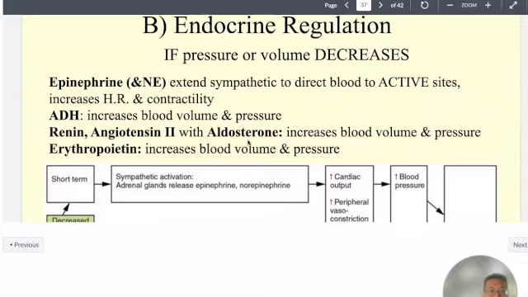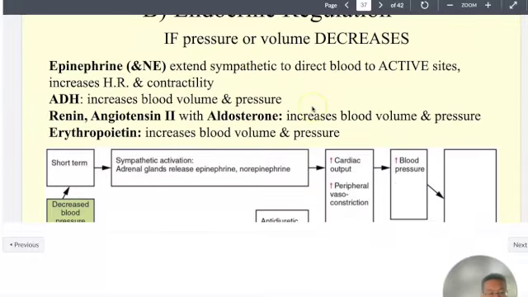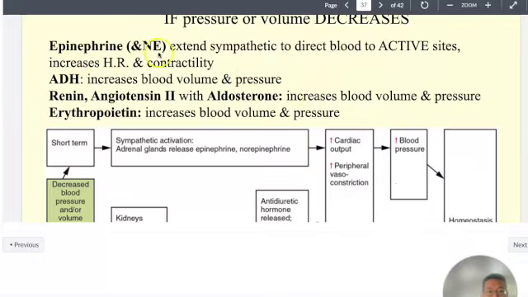Endocrine, we saw endocrine: epinephrine, norepinephrine. ADH, if you remember your hormones, will increase blood volume and pressure by absorbing water. We talked about aldosterone, and these we'll talk about later as we get into the lungs and the kidneys, which also help increase blood volume when there is a decrease of blood pressure.